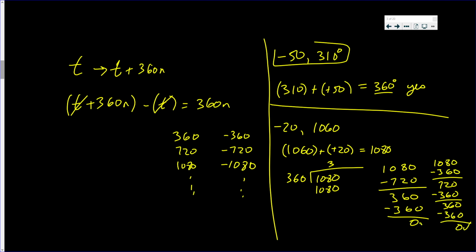If you get to 0, then they are coterminals. This number is a multiple of 360. What multiple? I took away 360 three times. Or you do the long division, and you get 3 times.